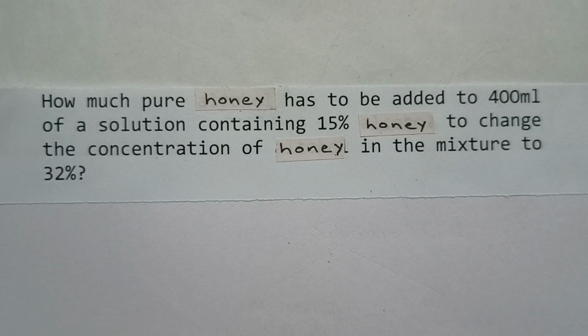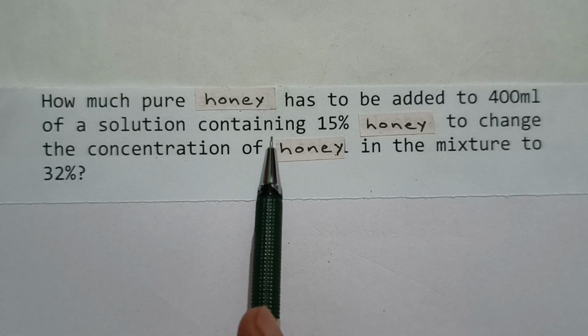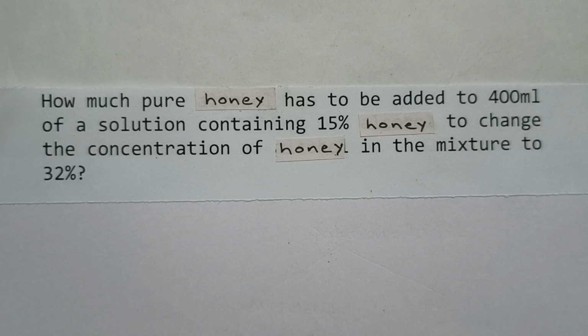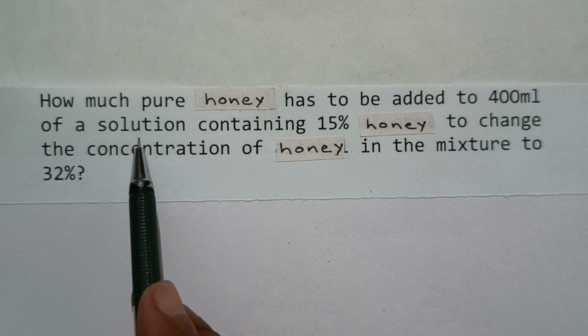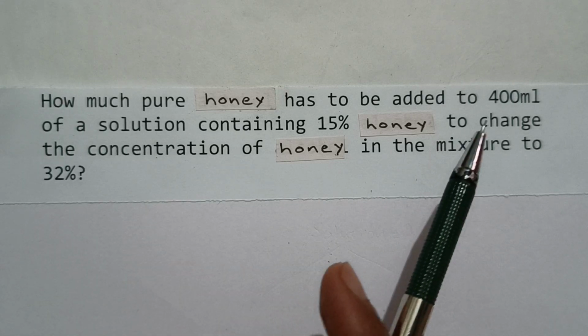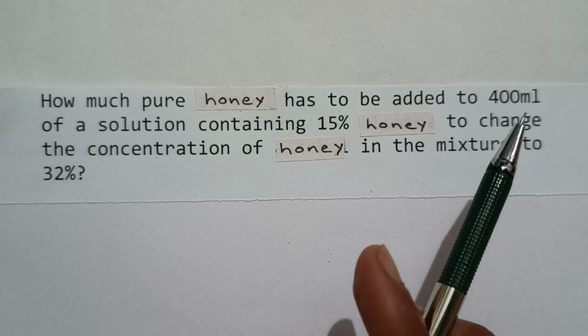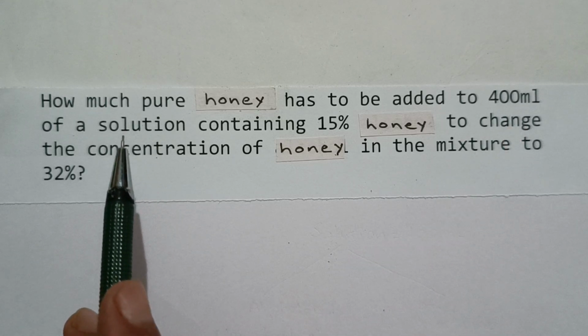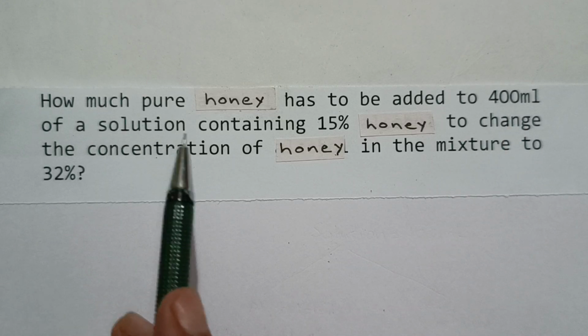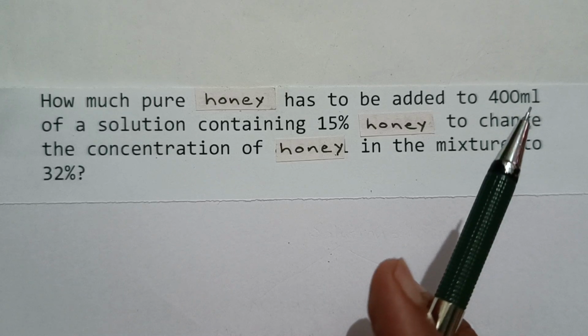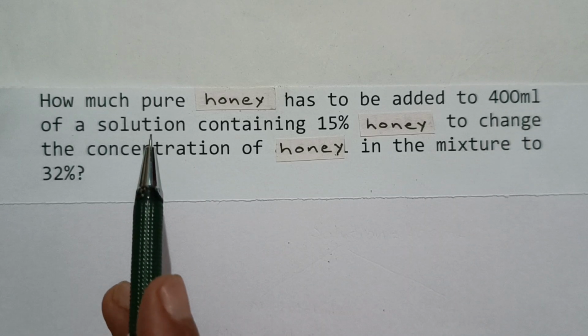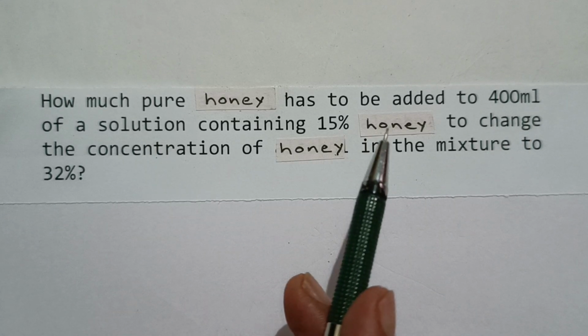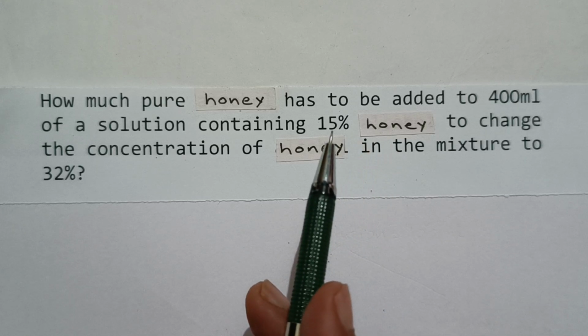So first, let us understand what is the meaning of this question. In this question they are saying that initially we are having a solution of 400 milliliters. In that solution the honey content is 15%.